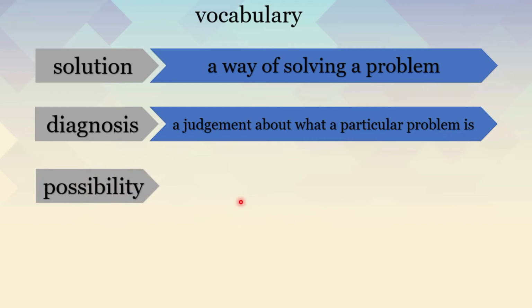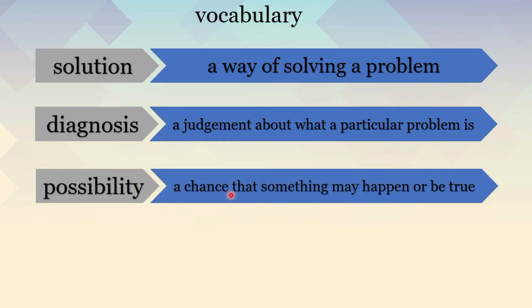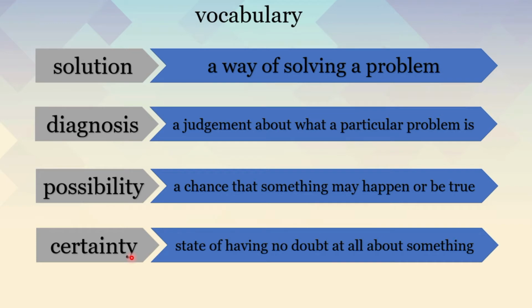And we have possibility, which is a chance that something may happen or be true. And the last word is the opposite of possibility, which is certainty, a state of having no doubt at all about something.